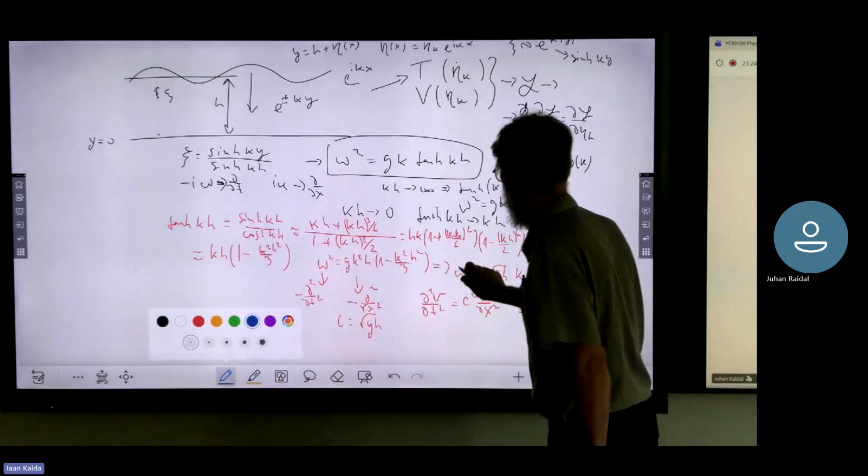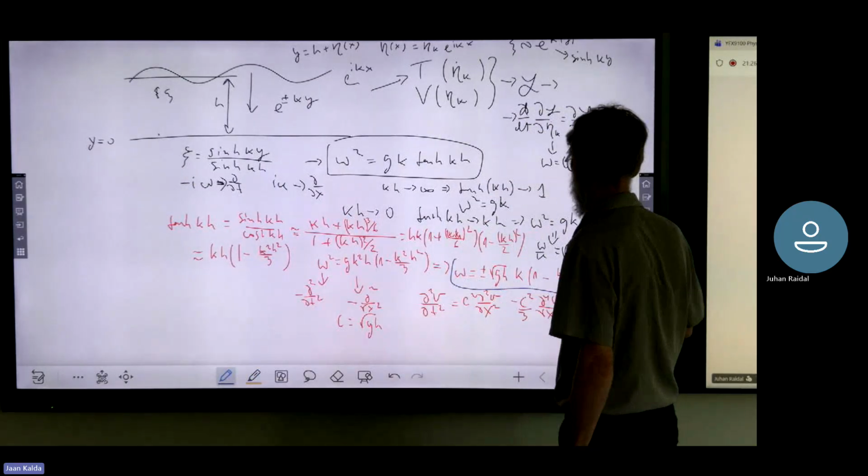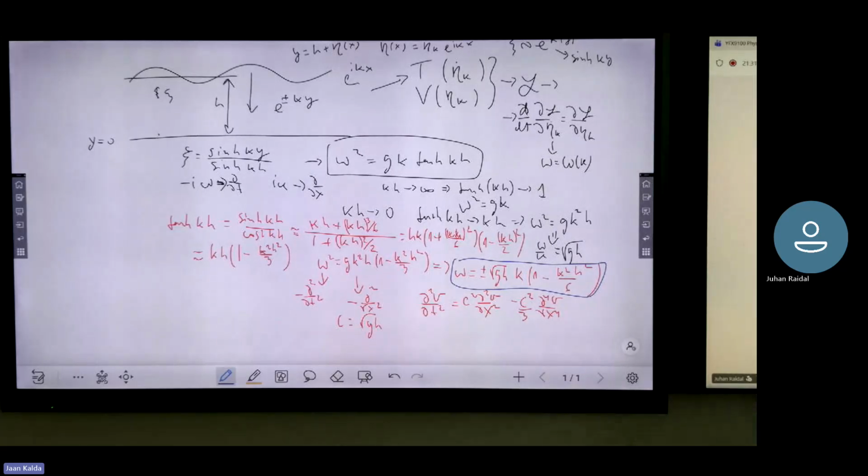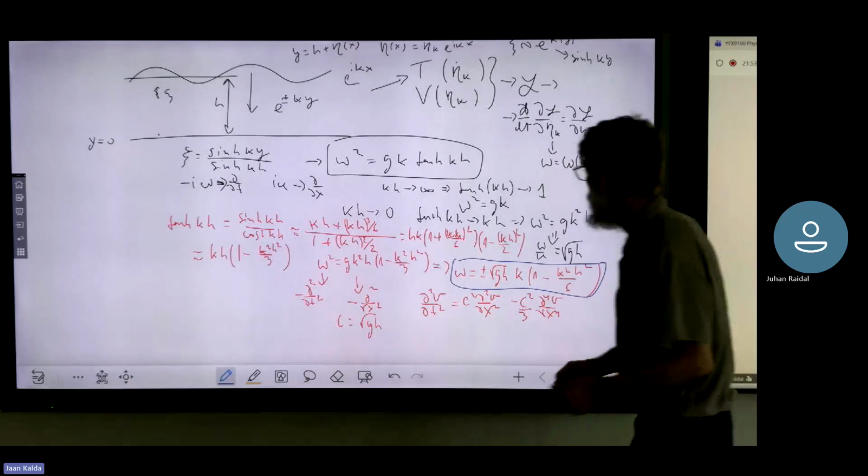If we take this as a basis, then actually we can separate left propagating waves and right propagating waves. Because here, if we take plus, the wave propagates from left to right, and if we take minus, the wave propagates from right to left. So if we select here only one sign, then we have actually separated the two types of waves. This includes both.